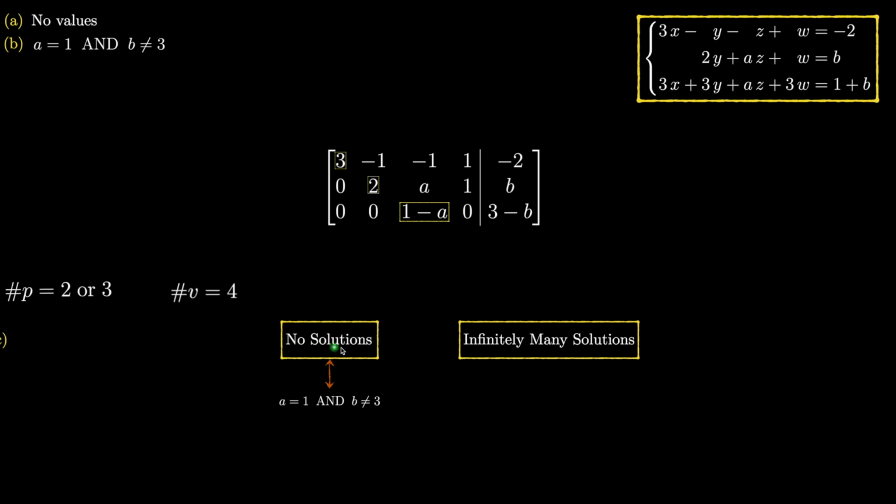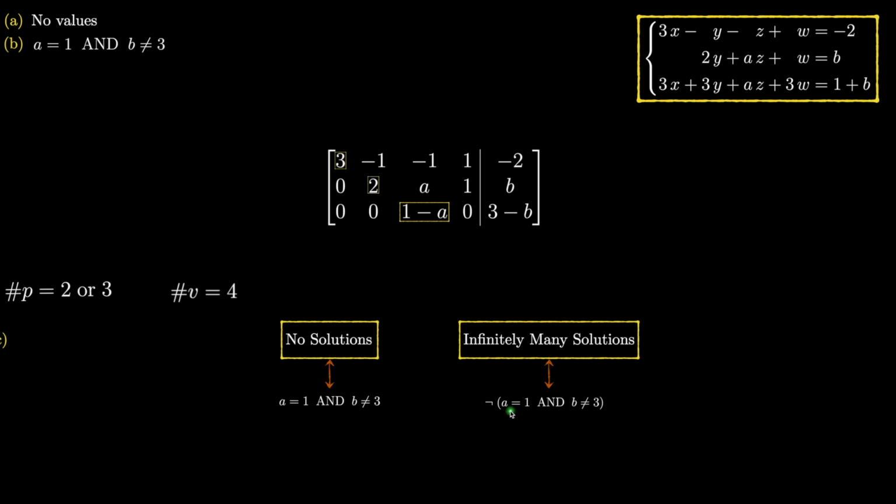But no solutions happens under this condition. So if you want no solutions not to happen, and consequently infinitely many solutions to happen, you have to negate this statement. This symbol means negation of this. It reads: it is not the case that this happens.